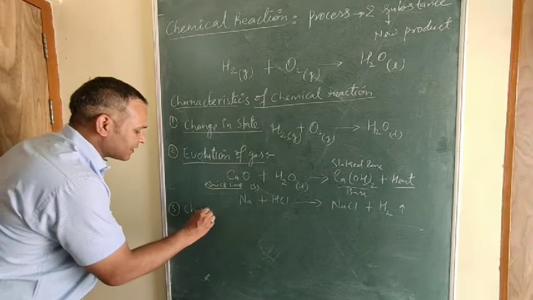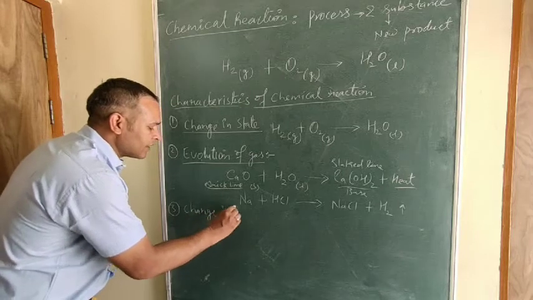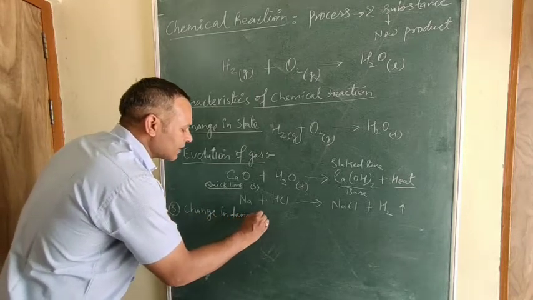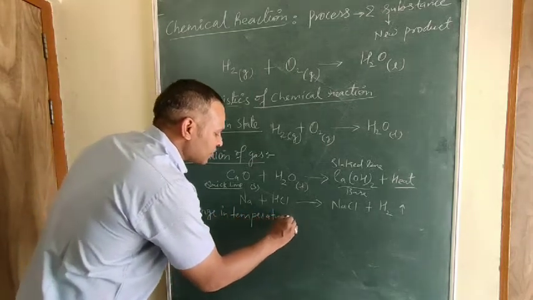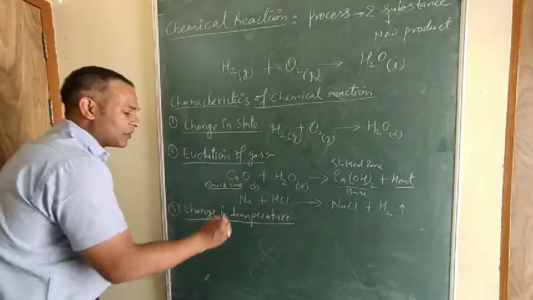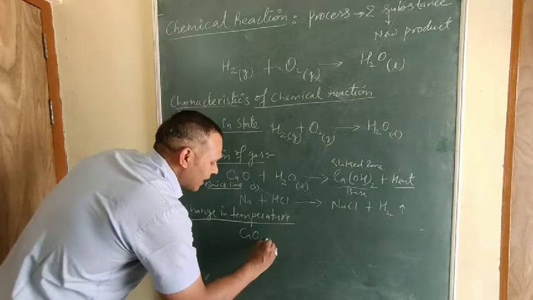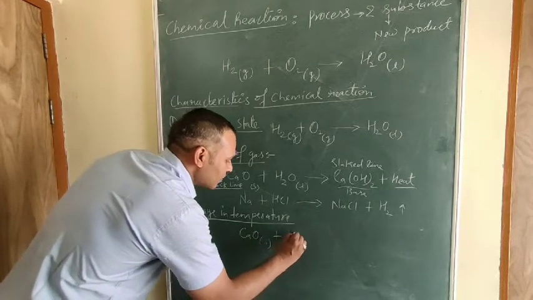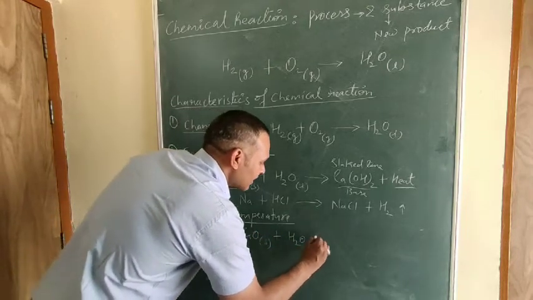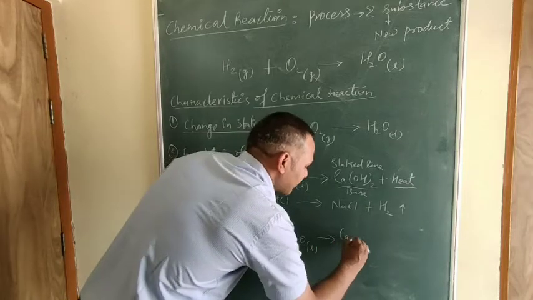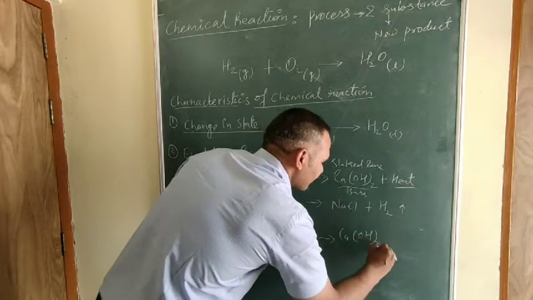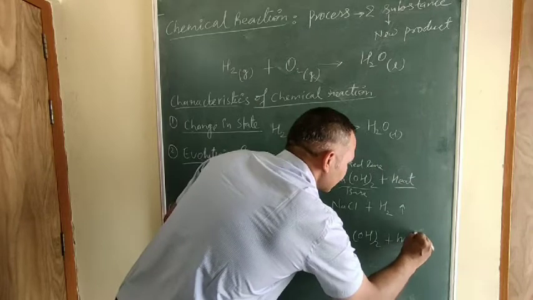The next characteristic is change in temperature. Another example we can take, when quicklime is added into water it gives slaked lime plus heat.